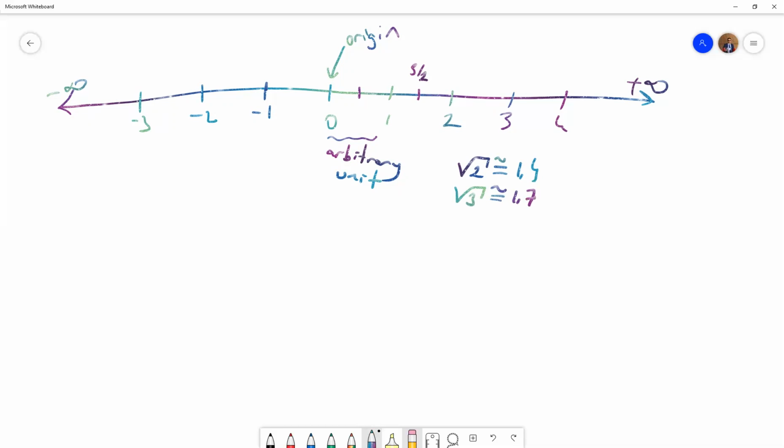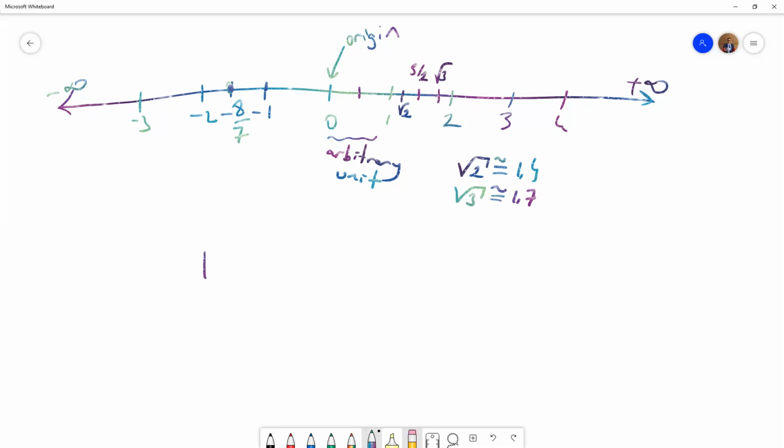So maybe here is square root 2 and square root 3. And we also have maybe minus 8/7, maybe here like that. So we have lots of points on the real line and among real numbers.